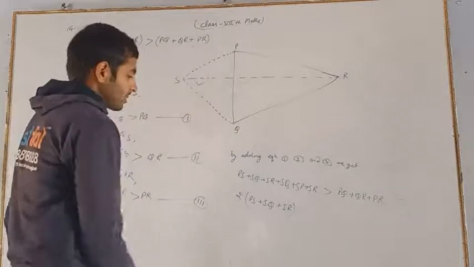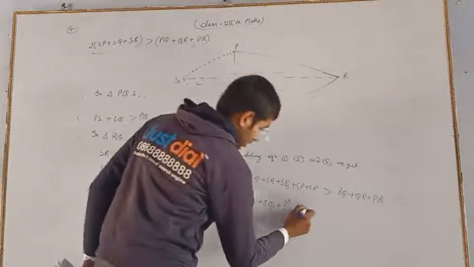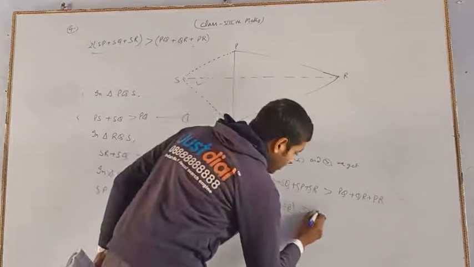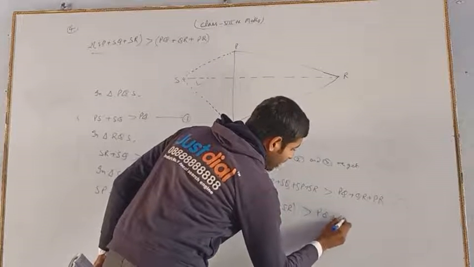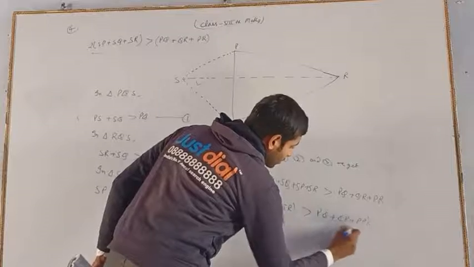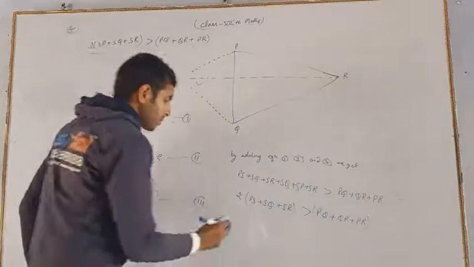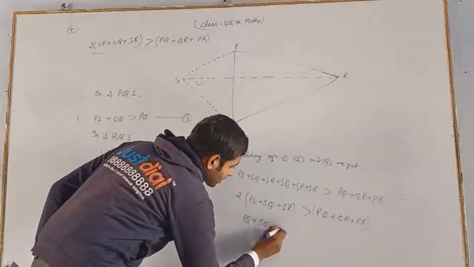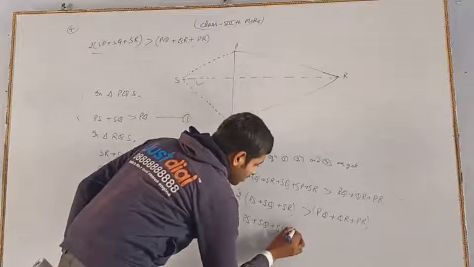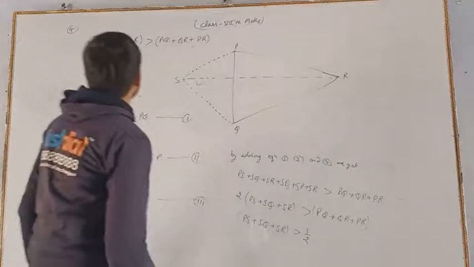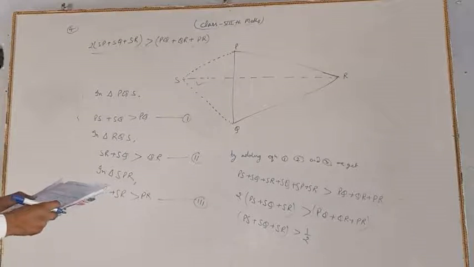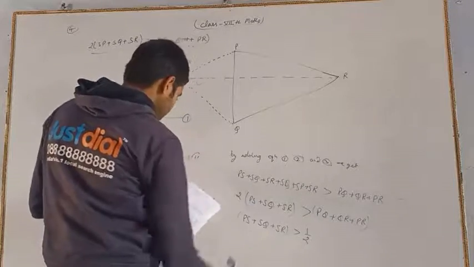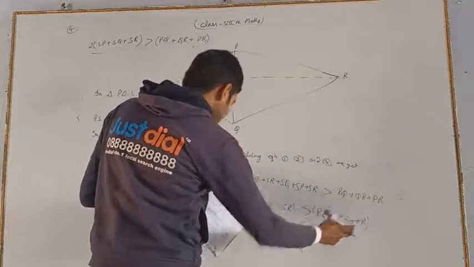And also we take 2 common here, so 2 into (PS plus SQ plus SR) is greater than PQ plus QR plus PR.